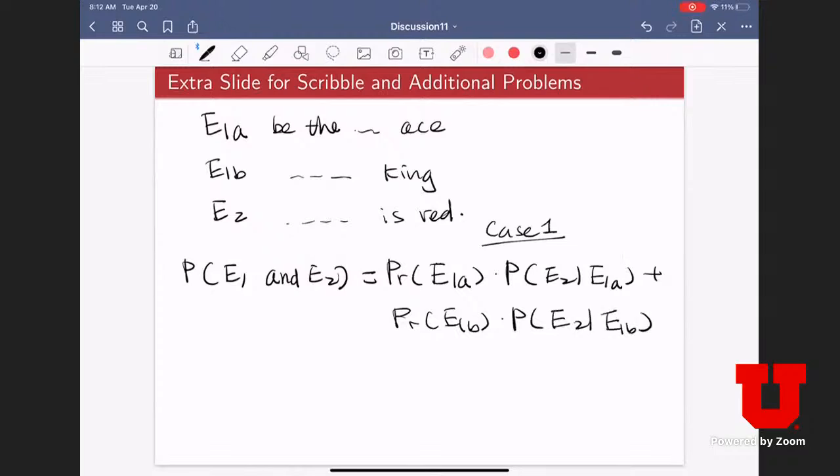That's your case 2. So these are two different ways to solve the problem, but both of them should give you the same answer. And that's question 3, part A.